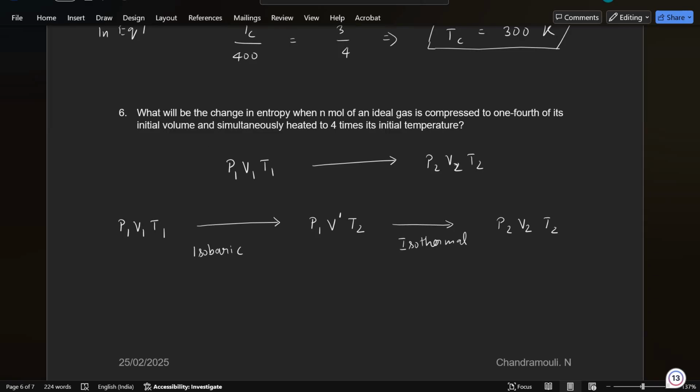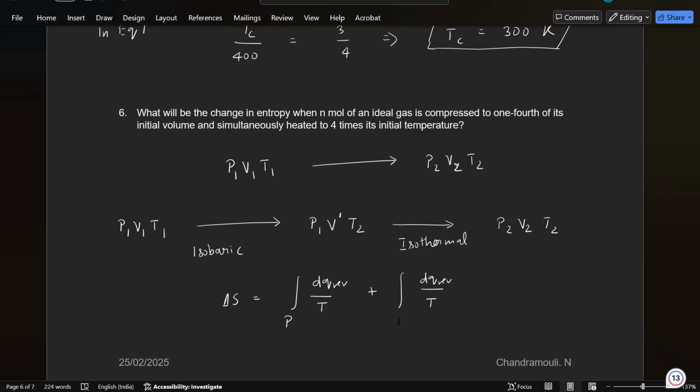So delta S is going to be equal to dq reversible by T plus dq reversible by T. Pressure is constant over here, I'll keep it like that.